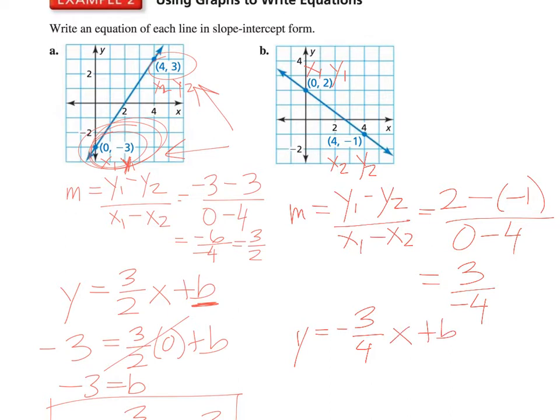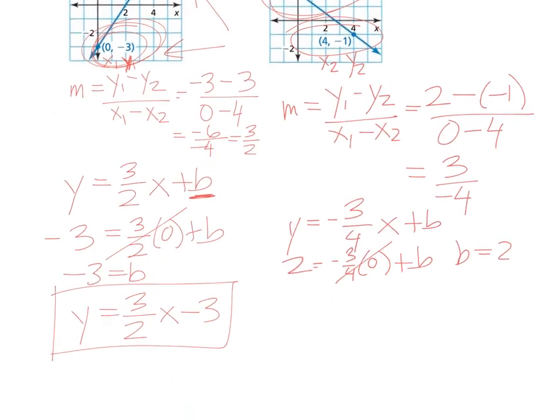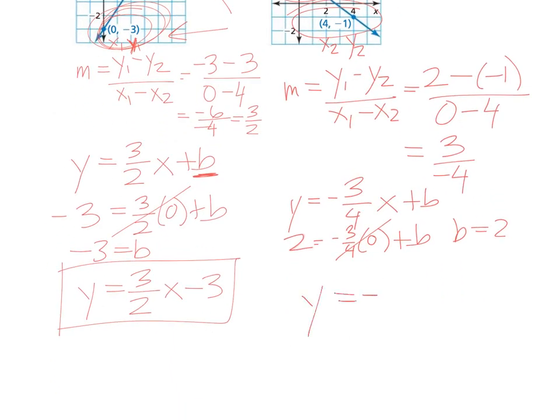Now I'm going to plug in this point, the x and y values. I could just as well use the other values, but since this one has 0, it typically makes your life easier. What am I plugging in for y? 2. Then I have 0 plus b, so I get 2 for b. To complete my equation, I have y equals -3/4 x plus 2.